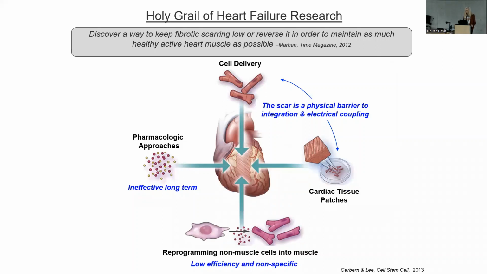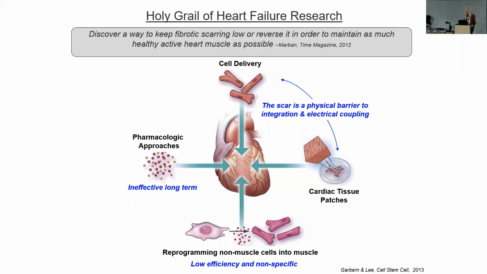One of the holy grails of heart failure research has been to discover a way to keep fibrotic scarring low in order to maintain as much healthy active heart muscle as possible. And this is actually a quote from Eduardo Marban that was put in Time magazine about 10 years ago now.